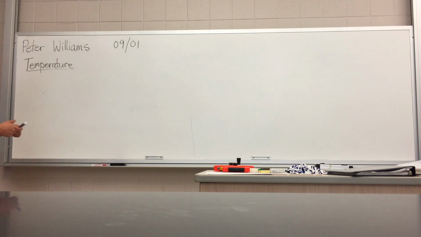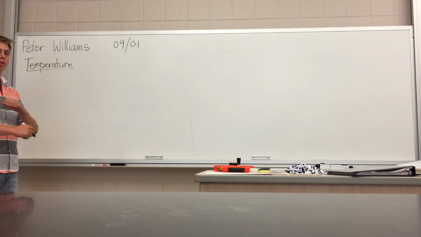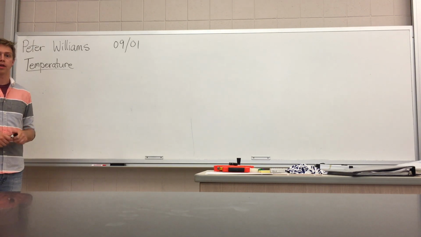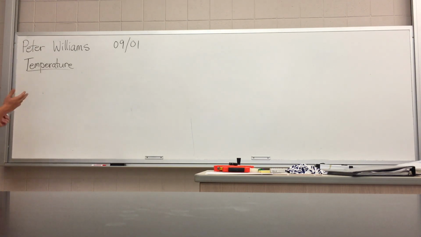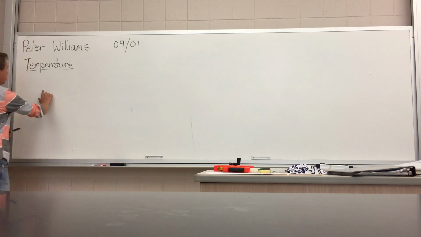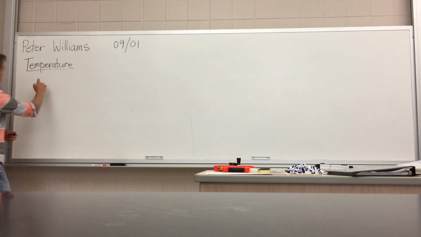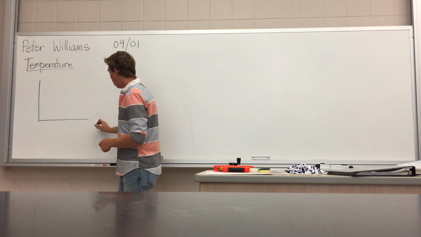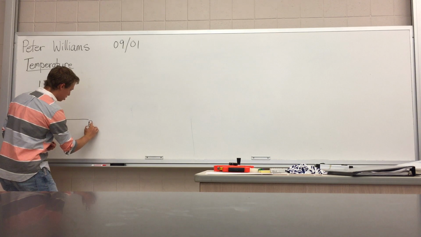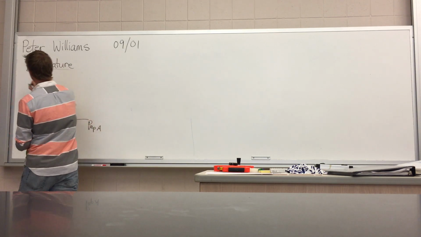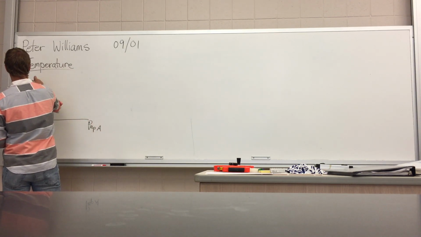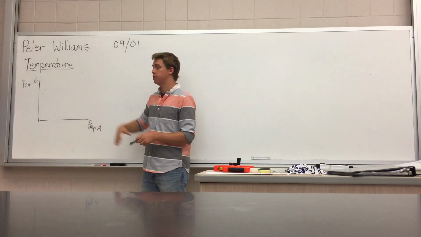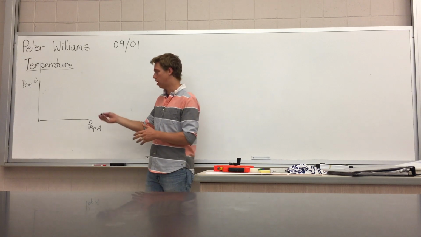And the way I want to start is really just picking right up where we left off, which was looking at process diagrams or state diagrams. And to refresh your memory, that was a coordinate system with one property here, let's call this property A, and another property here, property B. So a property on each axis, and this can be any property of a system that we care to talk about.